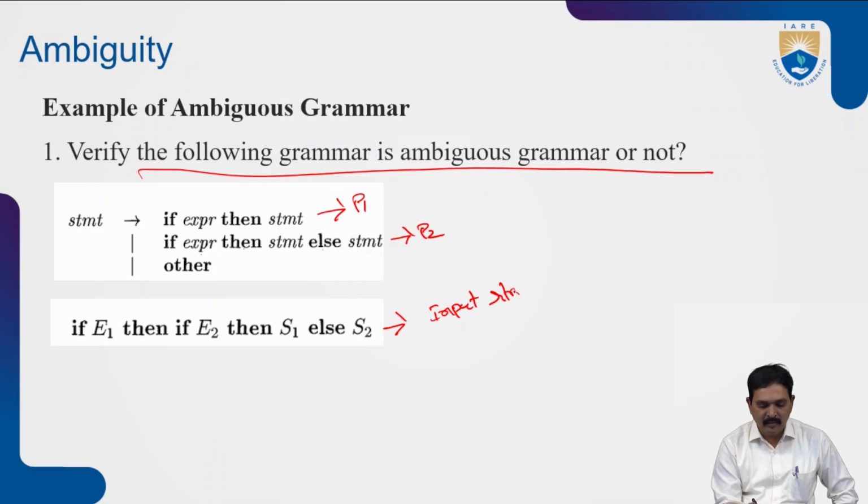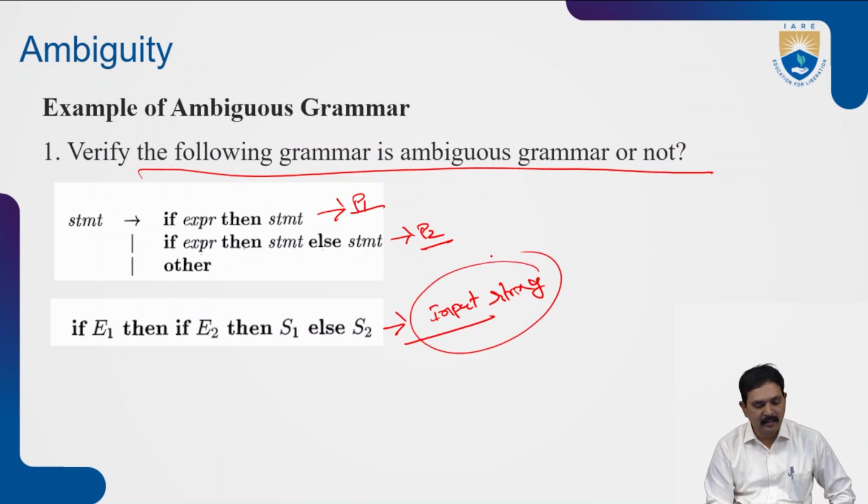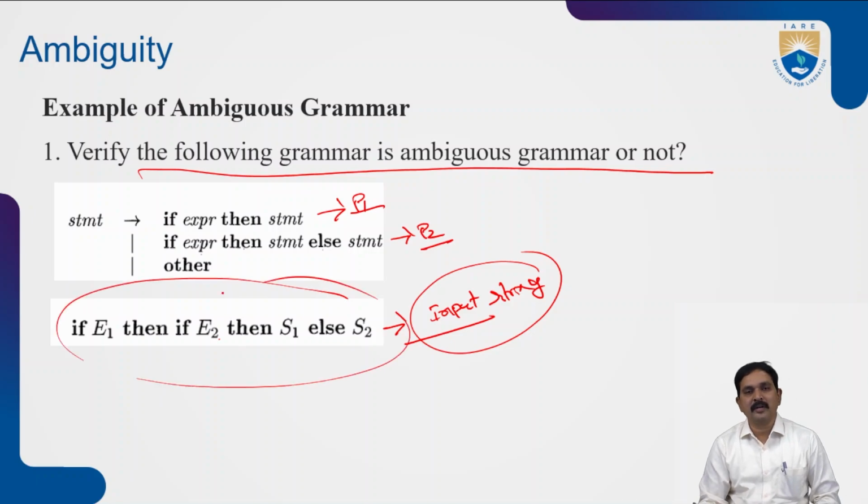We assume the input string is: if E1 then if E2 then S1 else S2. You have to prove two different leftmost derivations, or two different rightmost derivations, or two different parse trees, for obtaining the same input string.